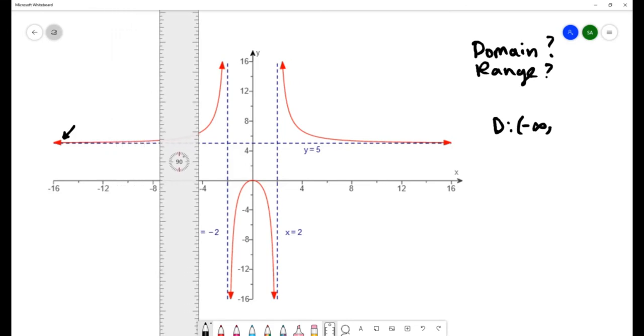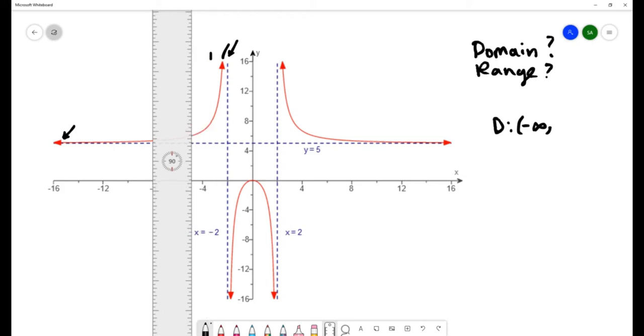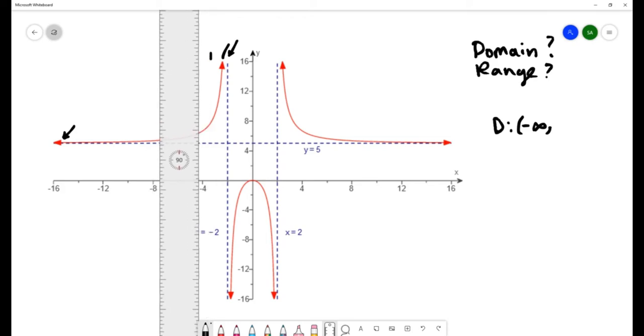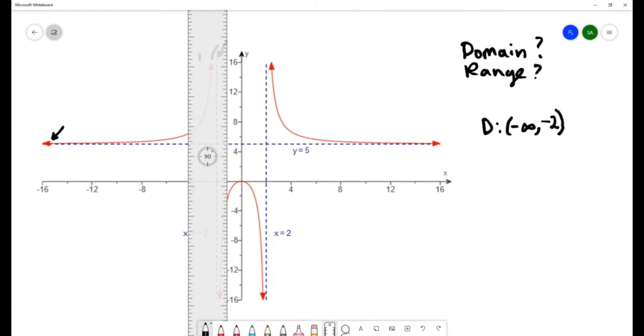Now it's going to continue like that until we get to this arrow and dashed line. So remember what we said that means earlier is that the line will continue to go up and to the right, but it will never cross x equals -2. So it will never reach x equals -2, and that means that -2 is not part of the domain. So I'm going to put an upper bound on my interval at -2 so that we don't include that in our set.